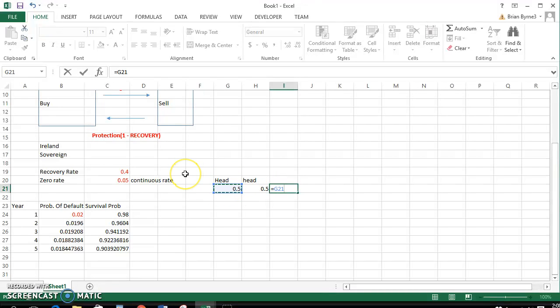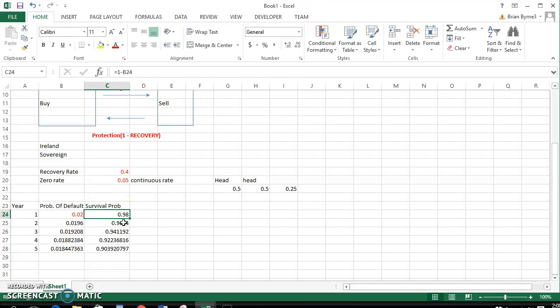So 0.5 multiplied by 0.5 would give us the probability of successfully getting a head followed by a head. And again, the probability of survival is 98% for 1 year, but the probability of surviving 2 years would be the product of 0.98 by 0.98, and the probability of surviving year 1, year 2, year 3 would be 0.98 by 0.98 by 0.98.